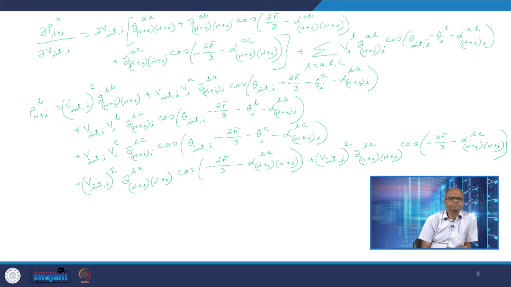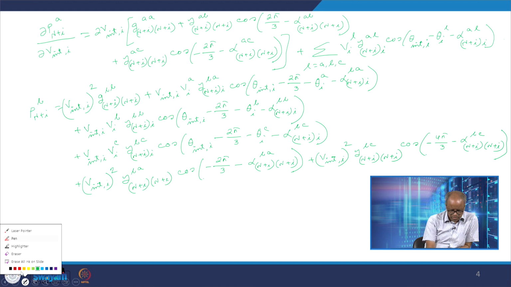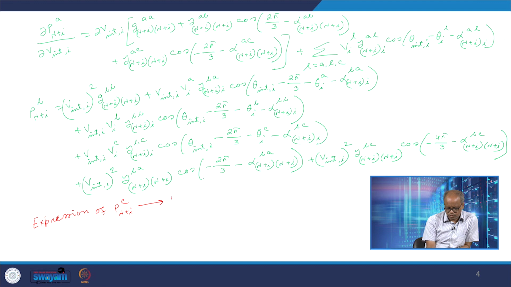Similarly, the expression of Pn plus IC can be written, but I am keeping it for homework. So let me again write that the expression of Pn plus IC as homework.